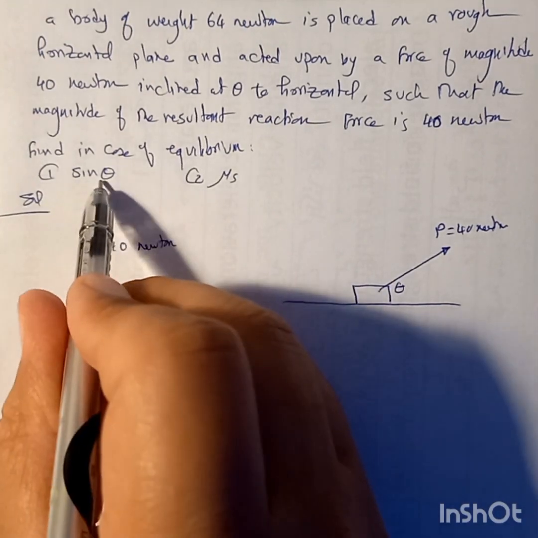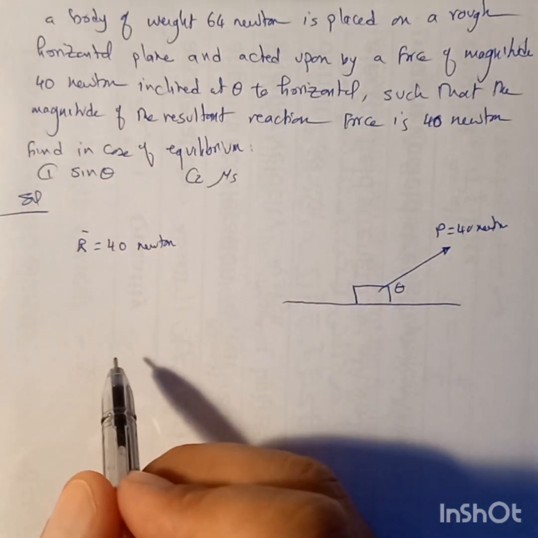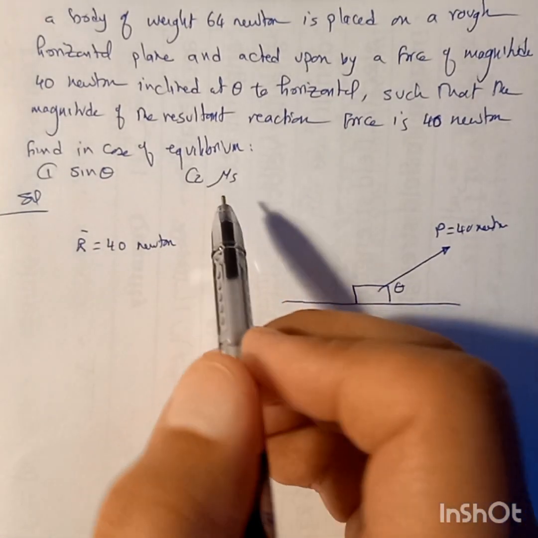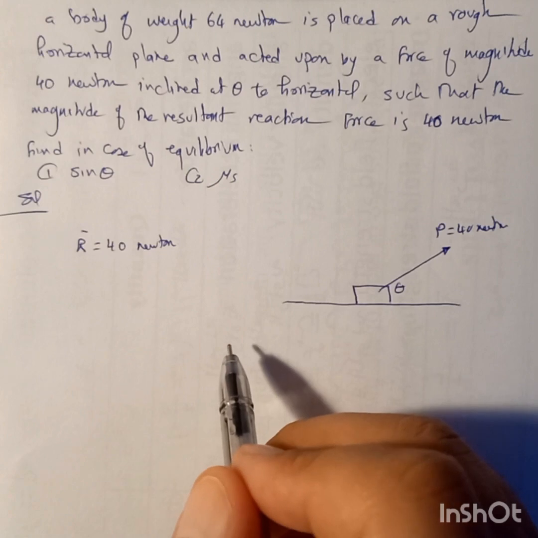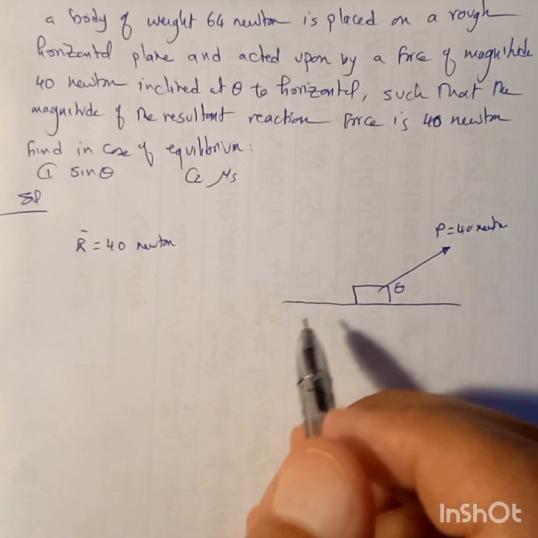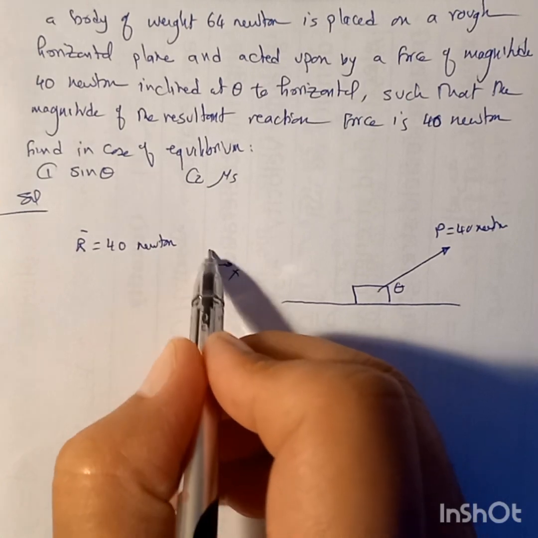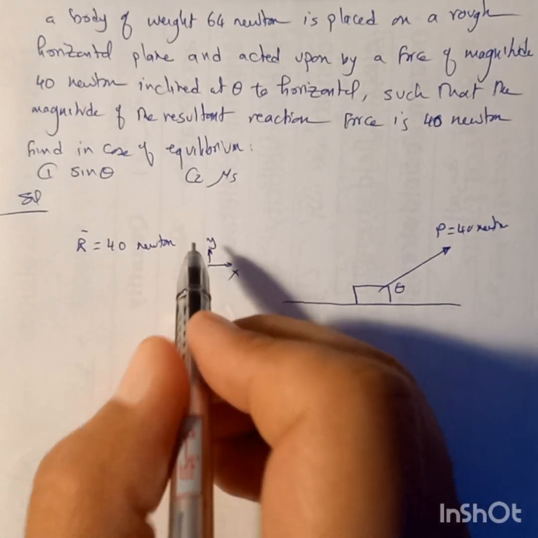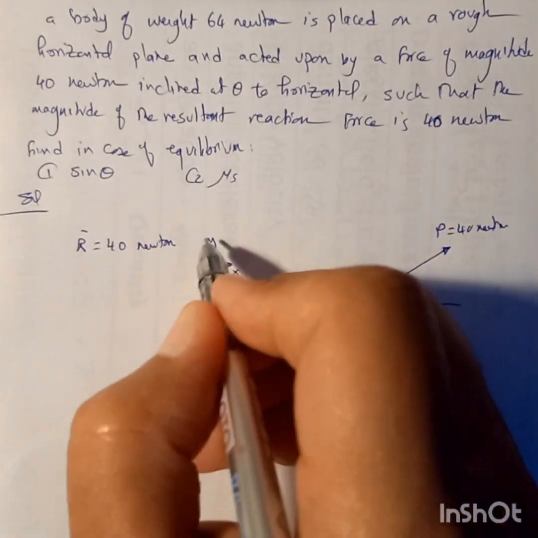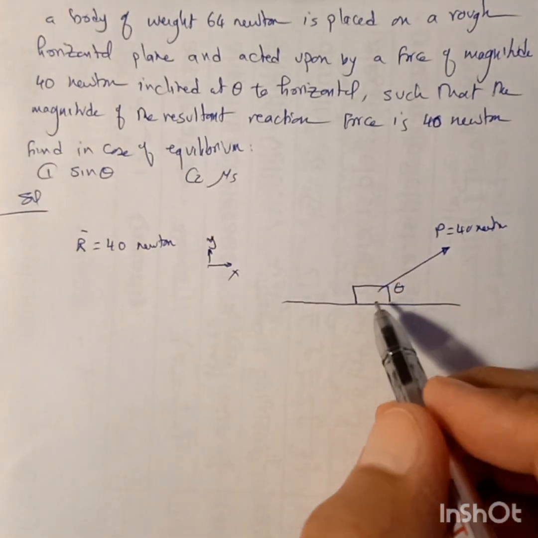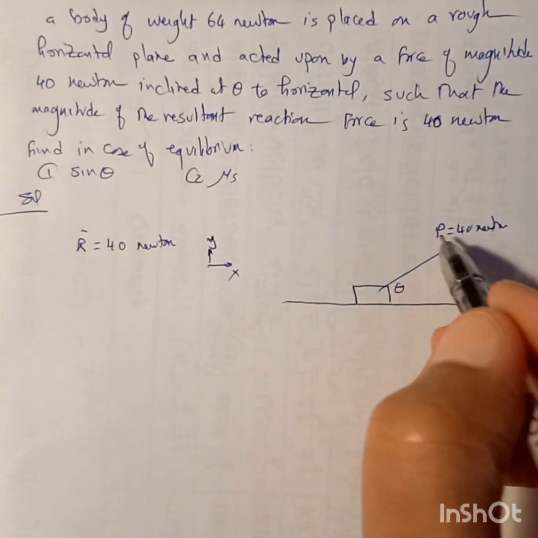It's required to find sine theta and mu s, the static friction coefficient between this body and the horizontal plane. We'll assume first x in this direction and y in this direction. We have to identify the forces acting upon this body. We have this external force.